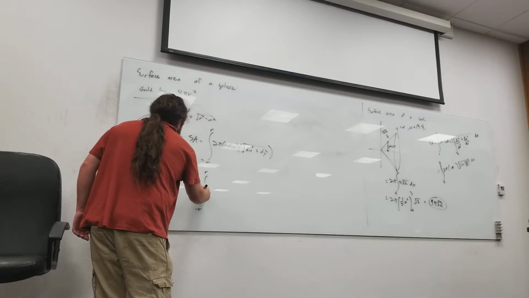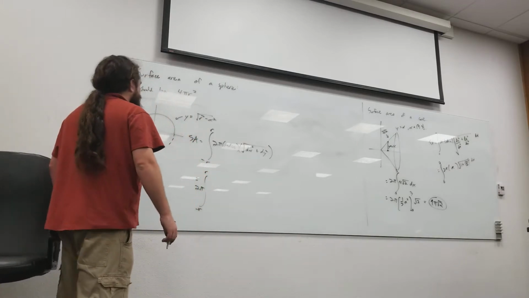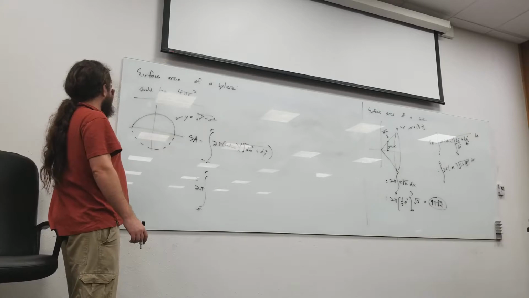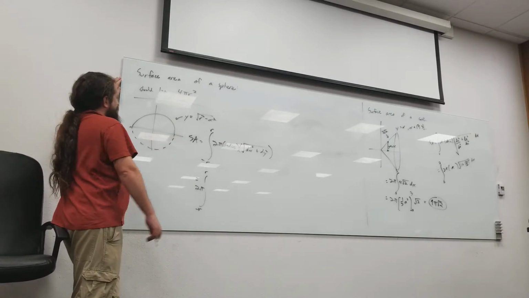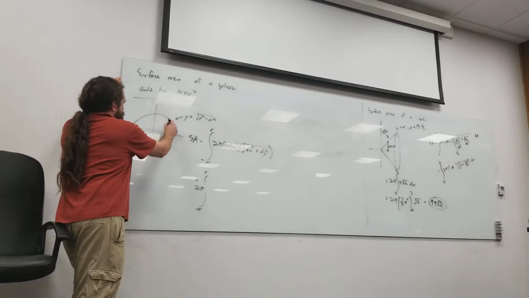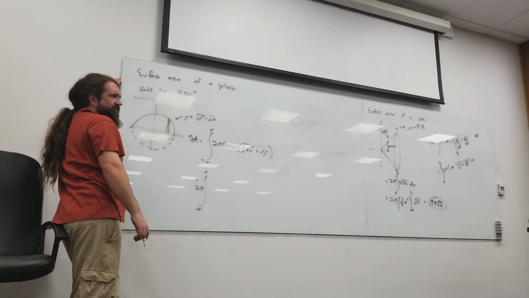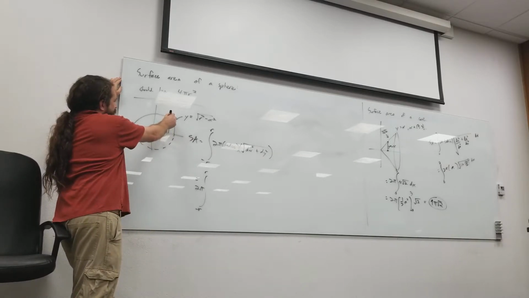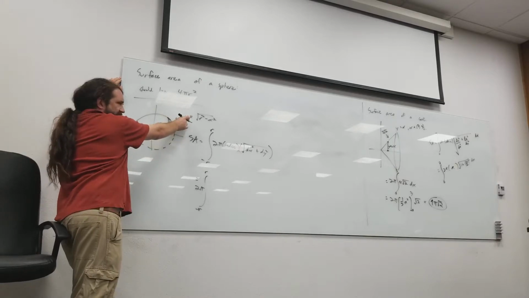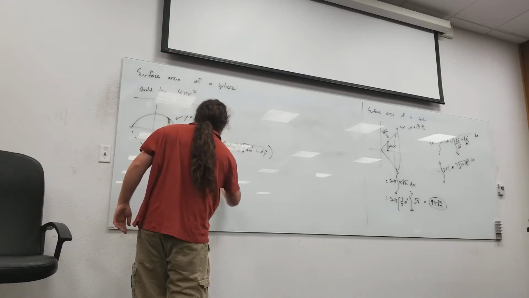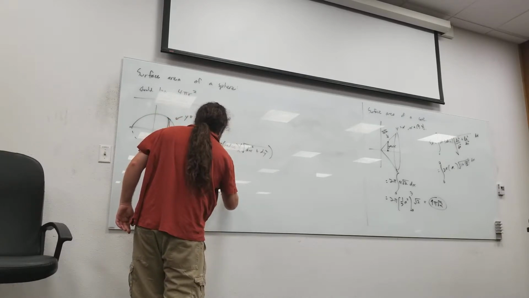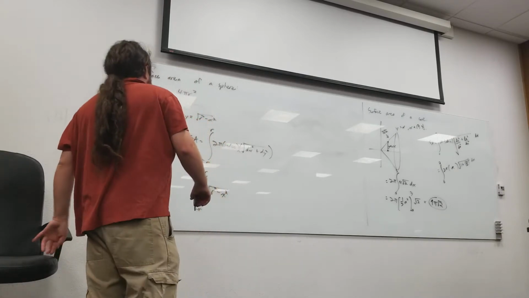Now 2 pi I can take out. What is the radius going to be for our purposes here? It's that distance, right? Because the distance from the curve to the outside. So it's going to be the same thing as our y coordinate. So in this case, our radius is square root of r squared minus x squared.